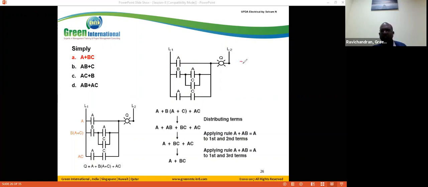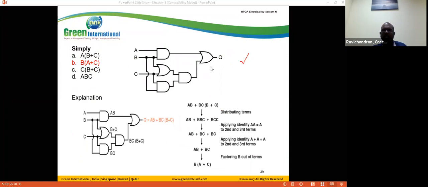This is the electrical system. This electrical system is converted to the logic circuit. So the logic circuit I draw like this. You can draw this electrical diagram like this. Then we simplify this equation.